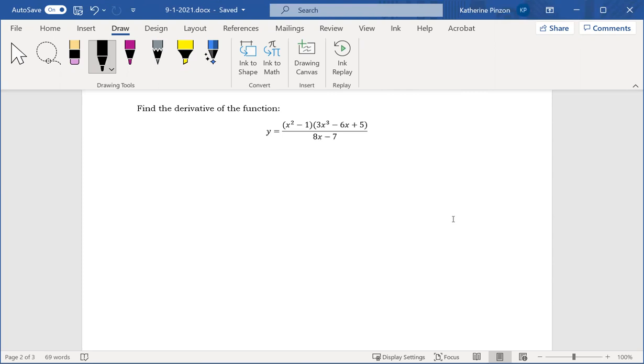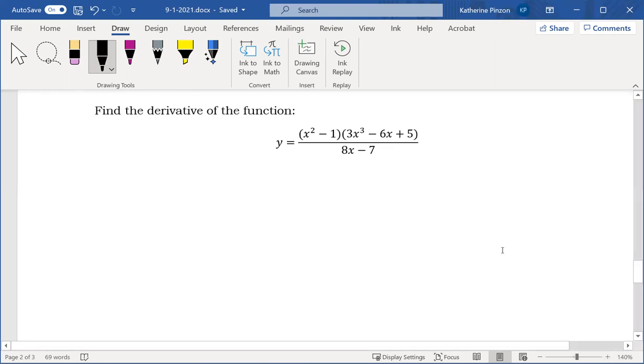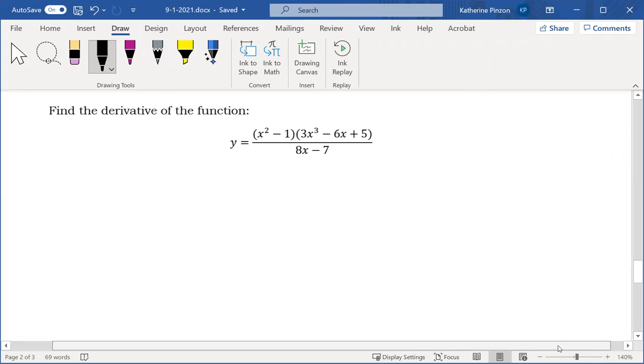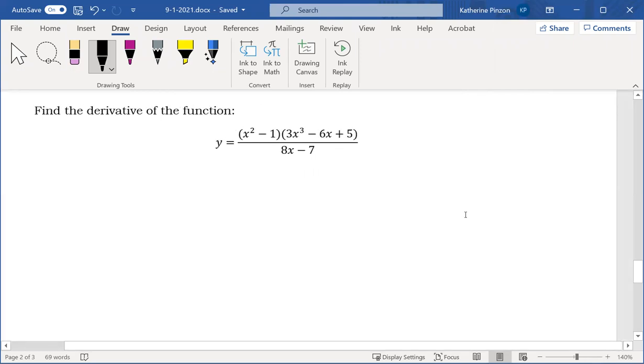This says, find the derivative of this function: x squared minus 1 times 3x cubed minus 6x plus 5, all divided by 8x minus 7. So this was my late edition.